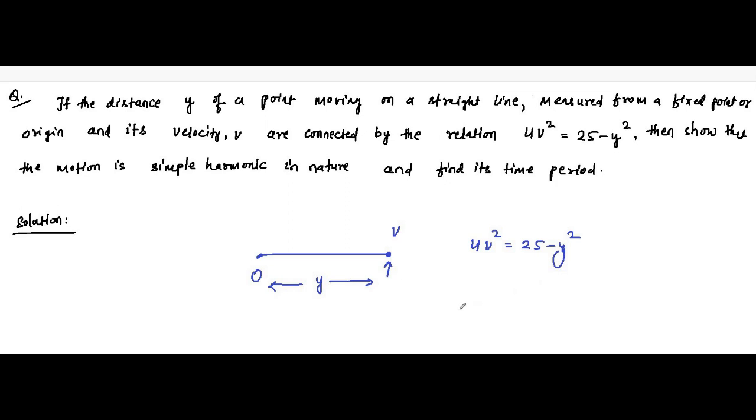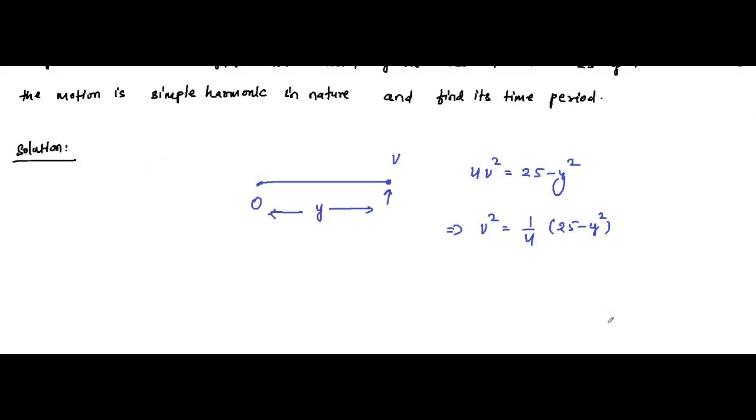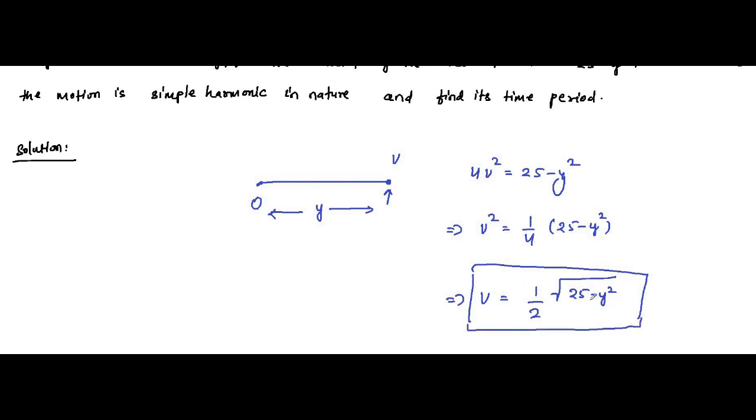That implies v square is equal to 1 by 4 into 25 minus y square, or v, only taking the magnitude into consideration, is 1 by 2 into root over of 25 minus y square. This is the velocity of the particle in terms of the instantaneous position y or displacement y.